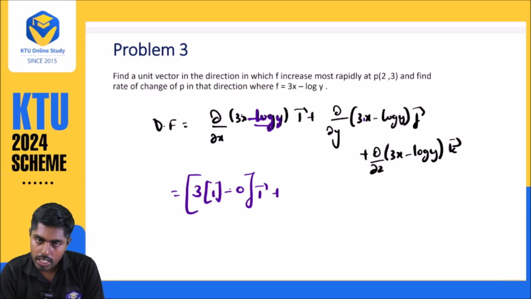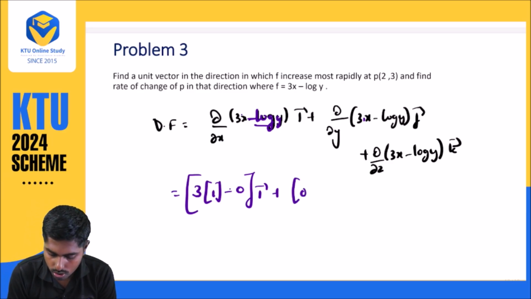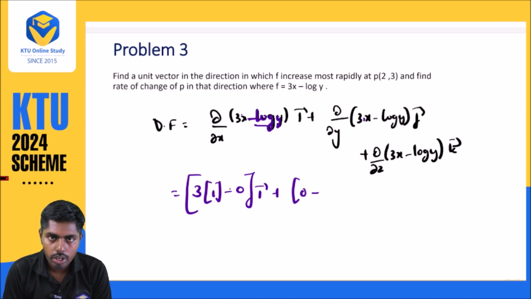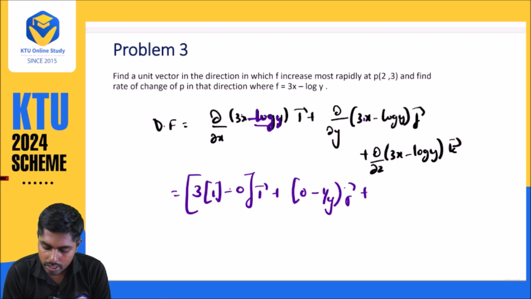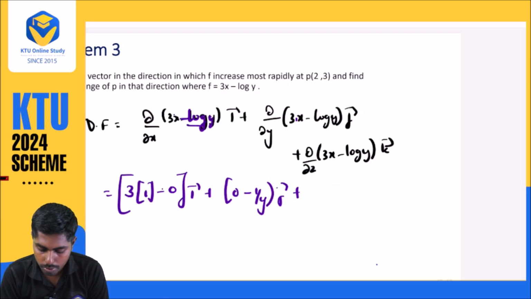Similarly, 3x is a constant term when taking the partial derivative with respect to y, so it becomes 0, and minus log y differentiates to minus 1 by y j vector. And there is no z term; the entire expression is constant, so it becomes 0.